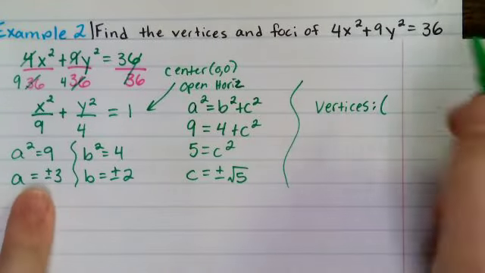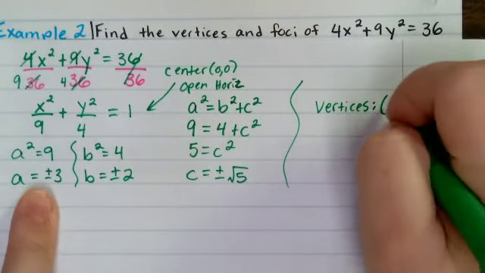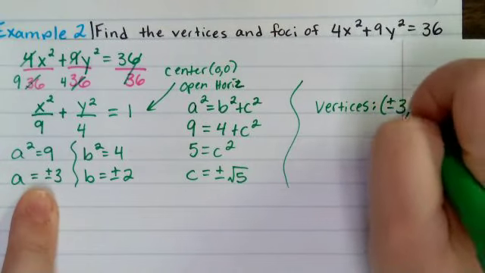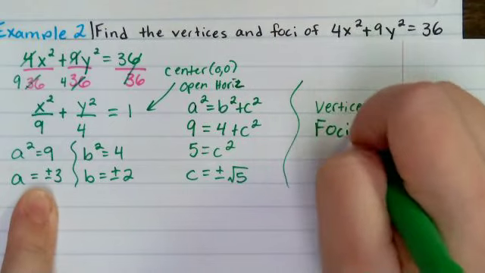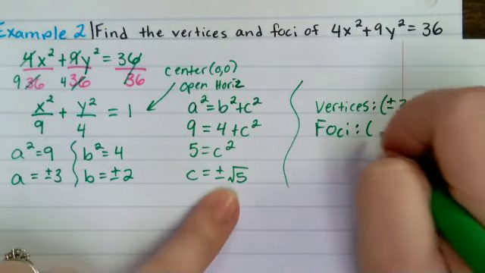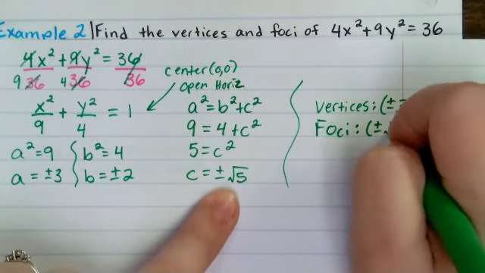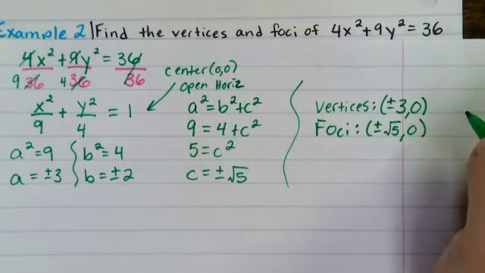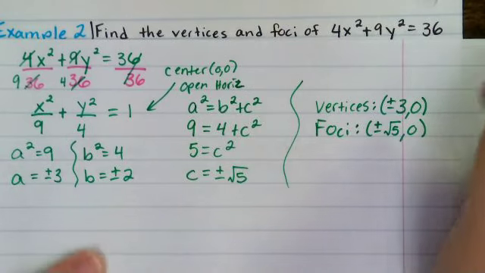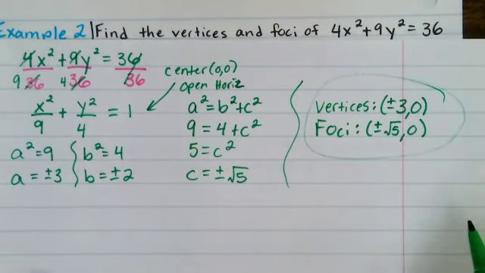So those are the equations I'm looking for to fill these in. So for vertices, we had plus or minus A, 0. And then for my foci, we're going to have plus or minus C, 0. Done. Those are our answers.